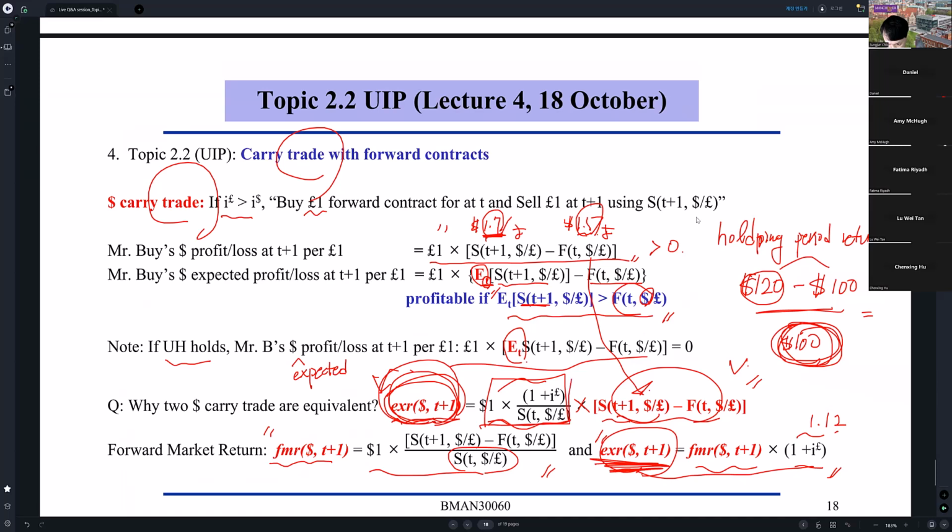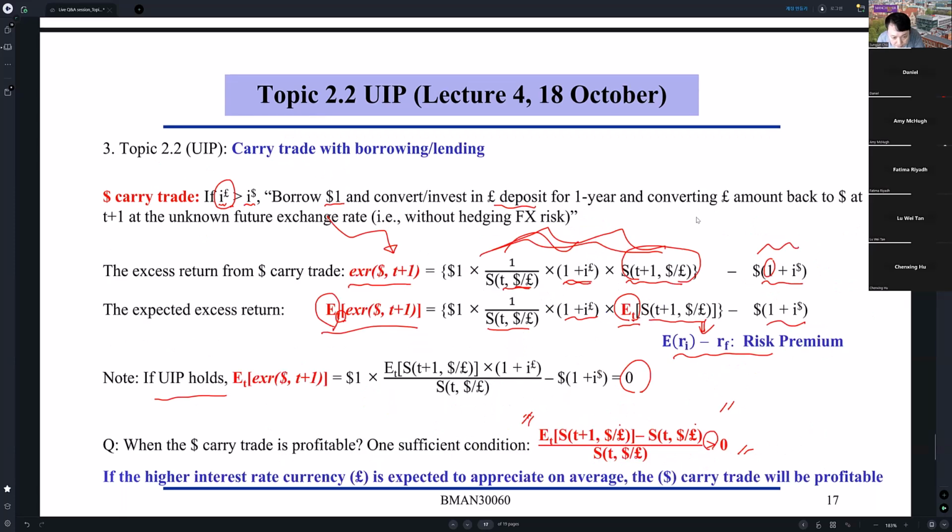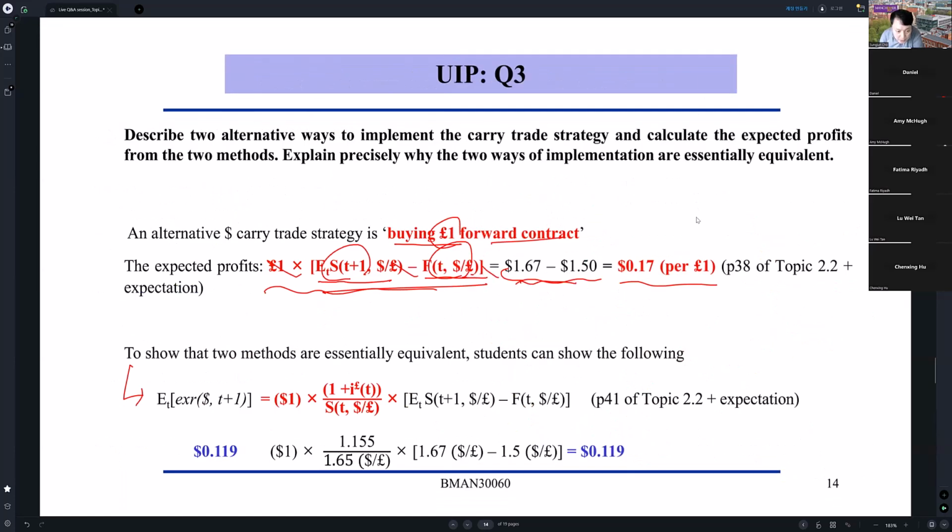We have to multiply by this one to get equivalence. This is the formula. So that's what you are exactly doing. In the previous slide, we computed this one. If you borrow dollar and convert and invest into the pound money market, this is what you expect to earn after one period. Now we are getting this number.